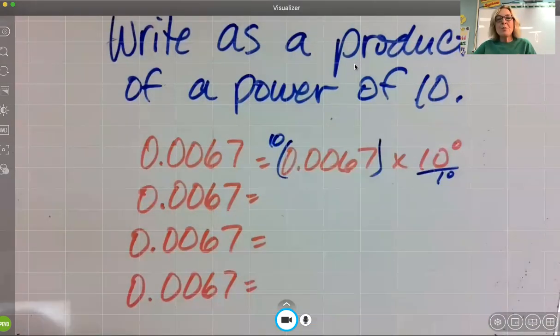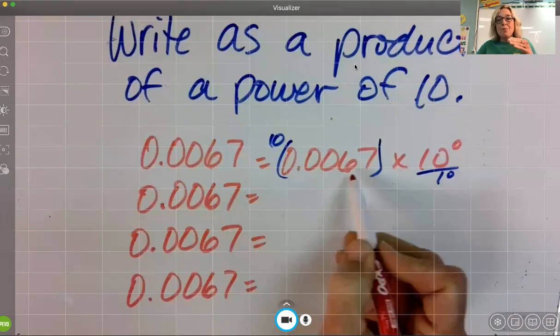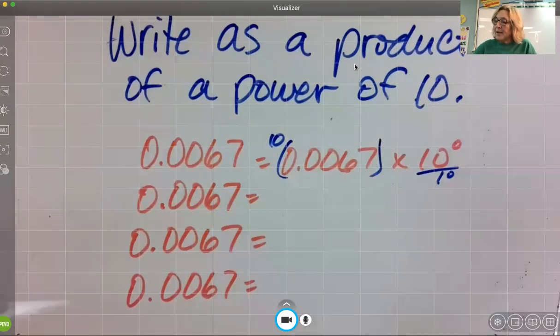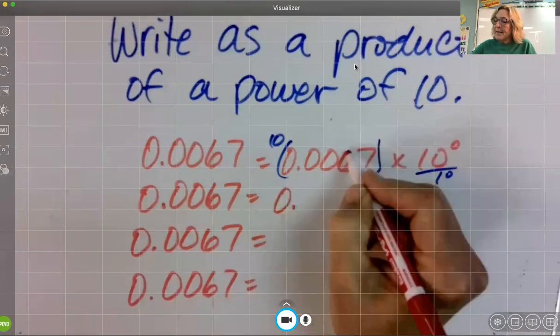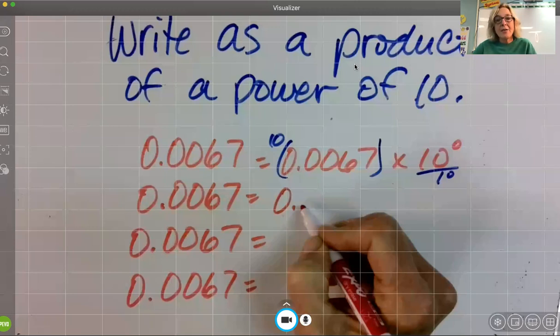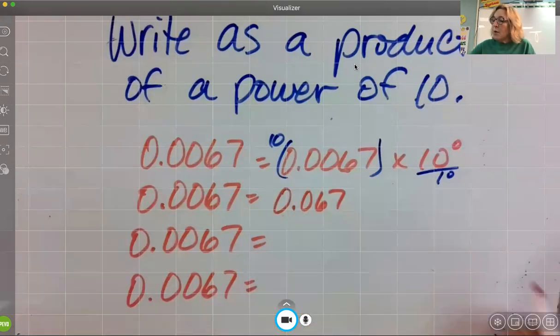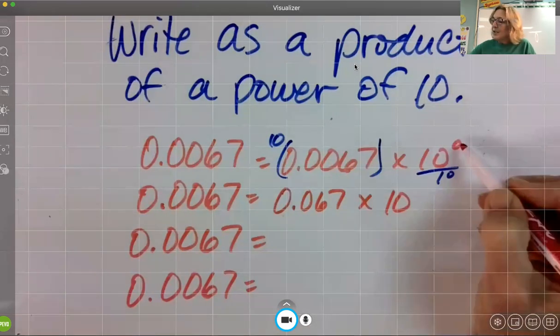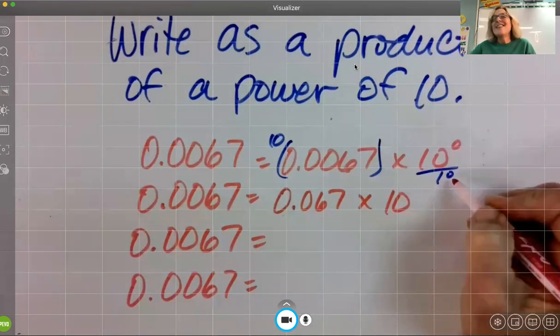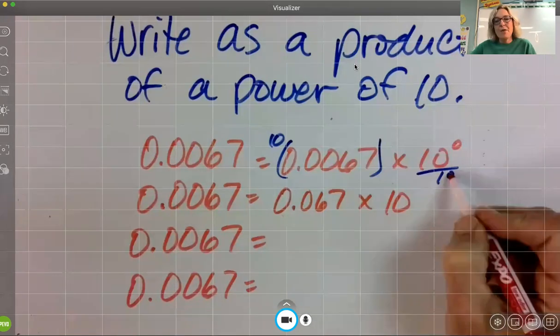So when we multiply a factor by 10, we shift over one place. So the 6 and 7 would both shift over a place to give you 67 thousandths. And then when we divide 10 to the 0 by 10, that would give you 10 to the negative first power.